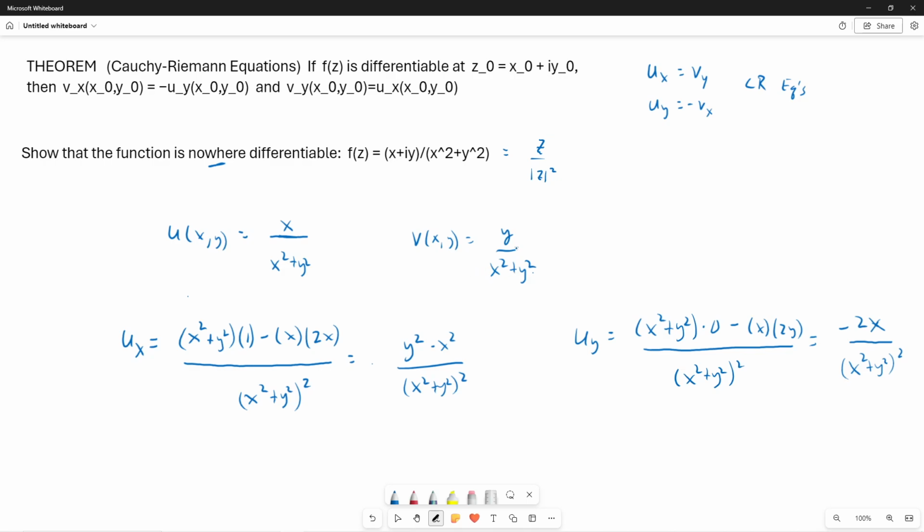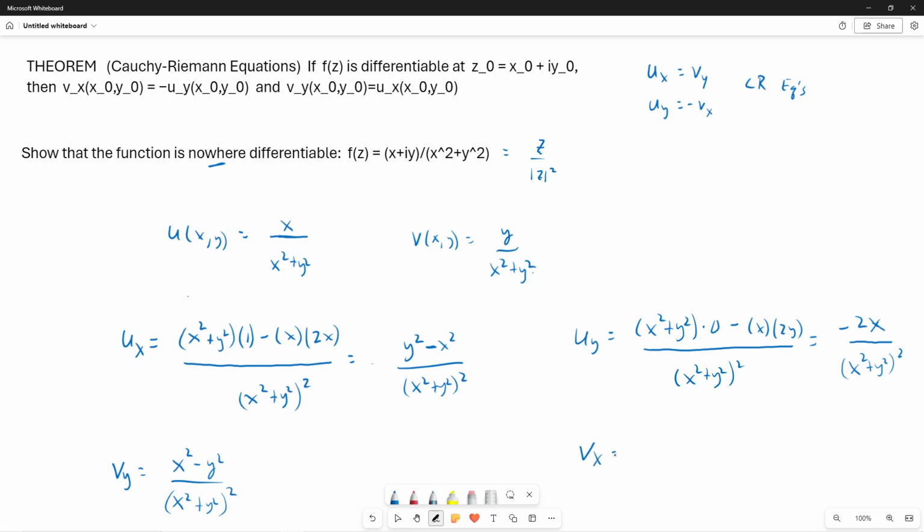Now, v is the exact same function as u, except with a y on the top, so I think we could just guess the derivatives of v. I'm going to guess that v_y is just like u_x, but with the x and the y switched, so it's going to be (x² - y²) over (x² + y²) squared.